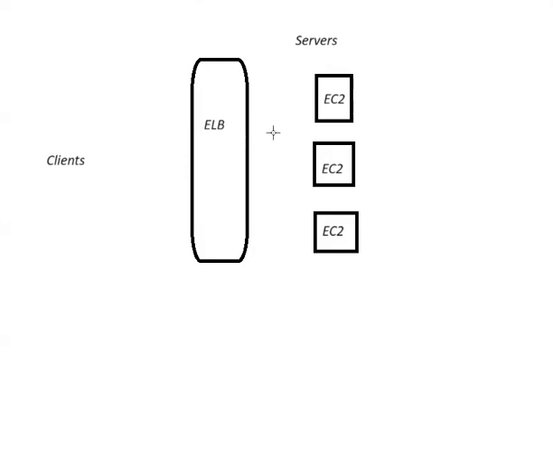This will distribute the requests based on the round robin method. It first distributes the traffic to the first EC2 instance, then to the second EC2 instance, then to this EC2 instance. Like that, it will distribute. So which IP address do I give to the client? This elastic load balancer IP address I'll give to the client.